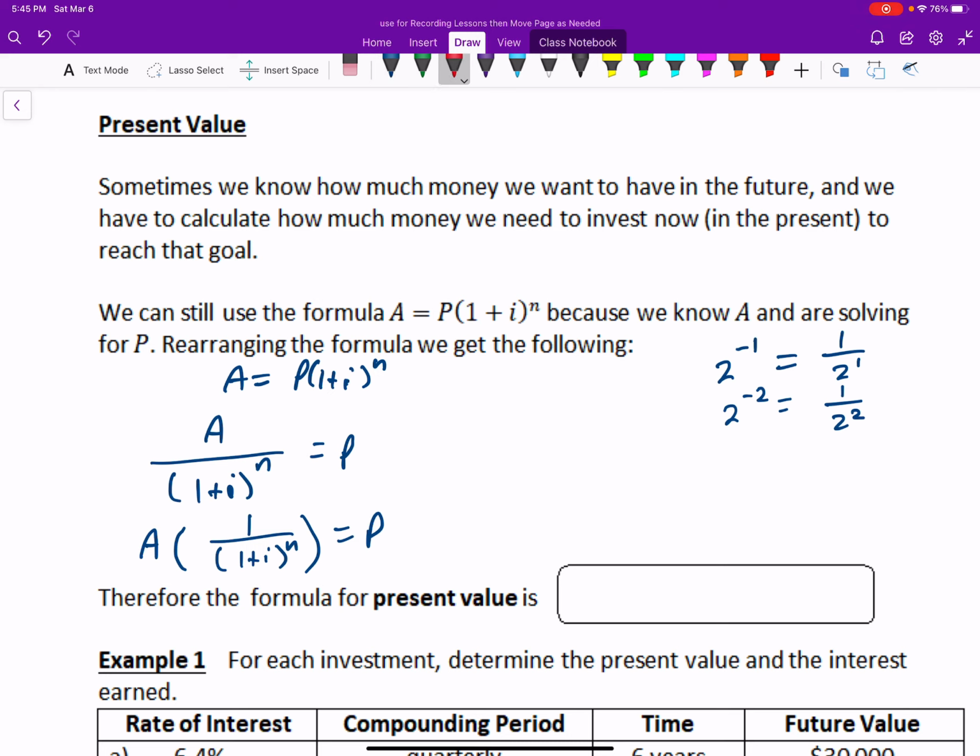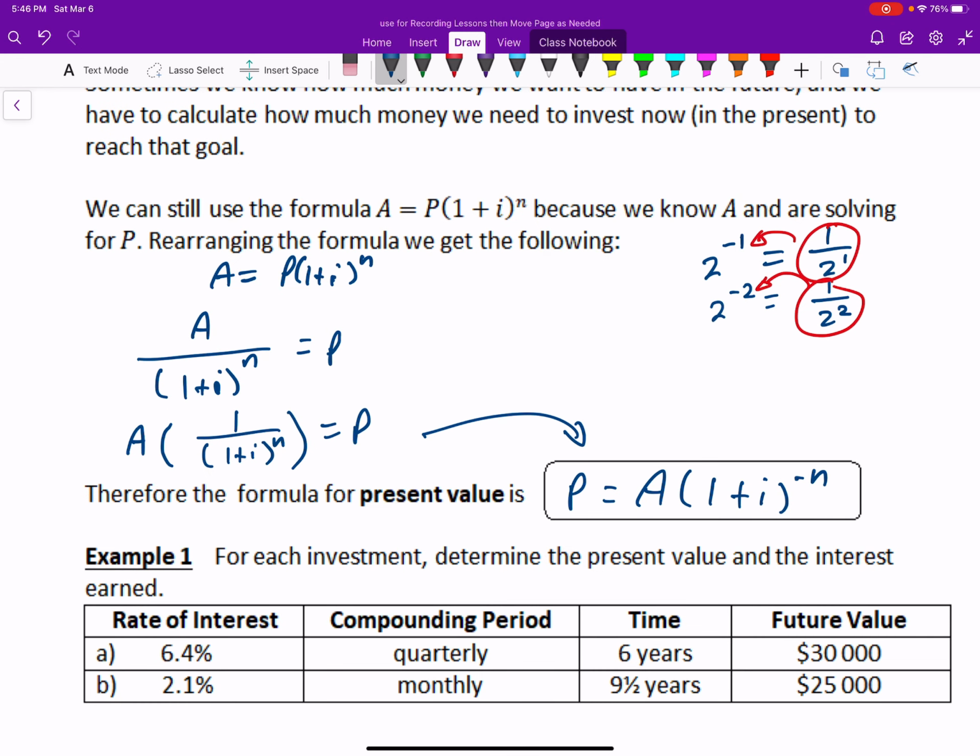I could start with 1/2 and write it as 2 to the negative 1, or start with 1/4 and write it as 2 to the negative 2. Likewise, I can start with 1 over (1 + i)^n and write it as, wait for it, (1 + i) to the negative n. So that's where the formula comes from. This is the formula we're going to use today.